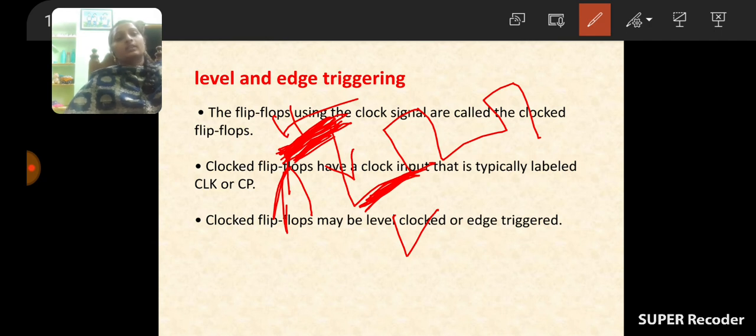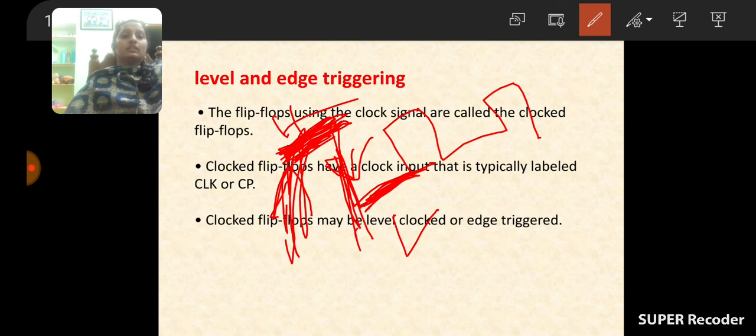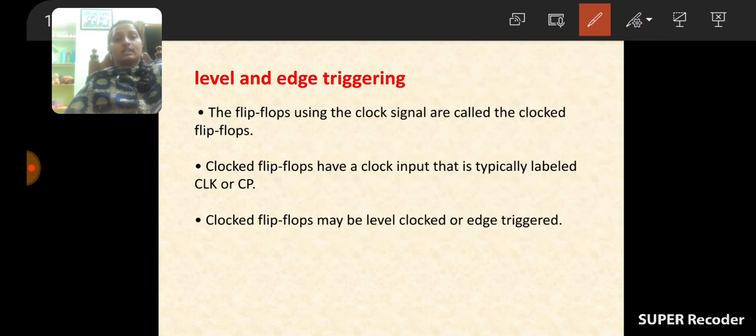If the output is changed from high level to low level or low level to high level, either at increasing edge or at decreasing edge, then the triggering is called edge triggering.